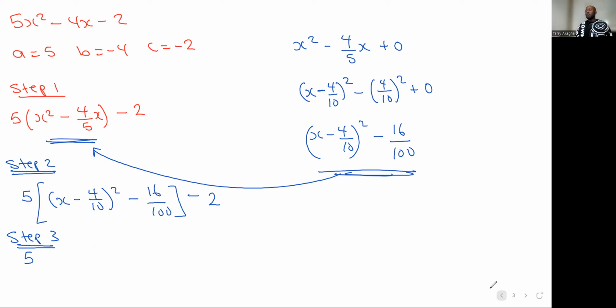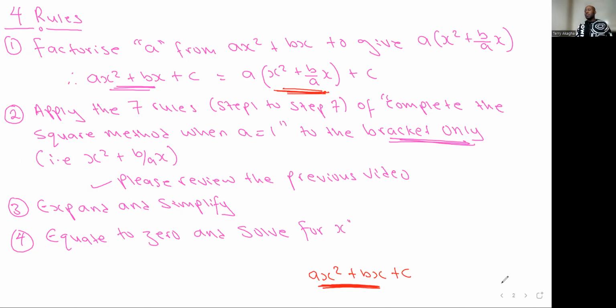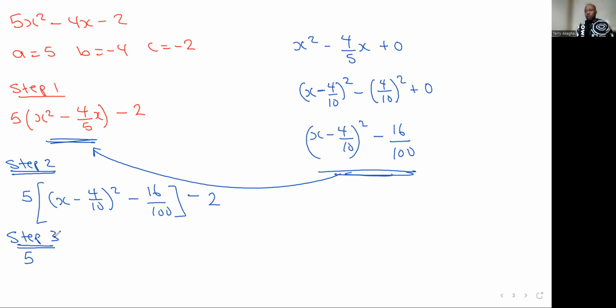When expanding and simplifying, it's going to be 5 multiplied by this. It's going to give us x minus 4 over 10 squared. Then it's going to be minus 5 multiplied by this. So it's going to be 5 multiplied by 16 over 100. Then minus 2. Then we'll simplify that.